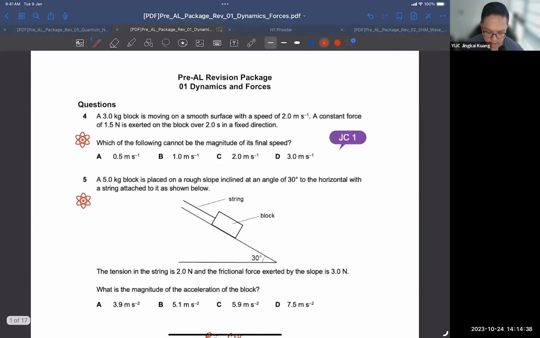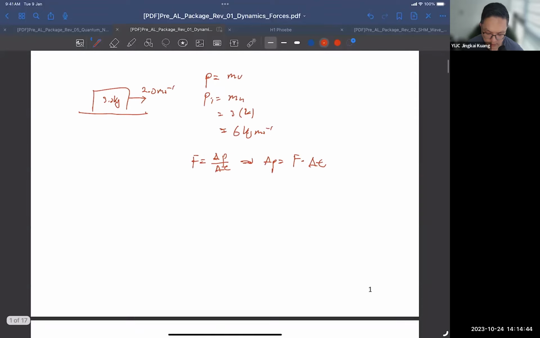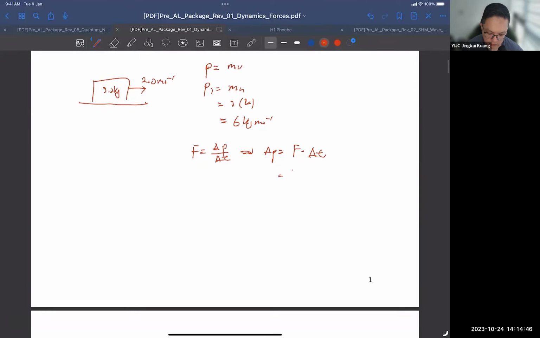So it's a 1.5 Newton force for 2 seconds. All right. So I can find the change in momentum. In this case, it will be 1.5 times 2.0. I get 3.0. The unit is Newton second, which you can check is the same as 3.0 kg meter per second. Same as this one.